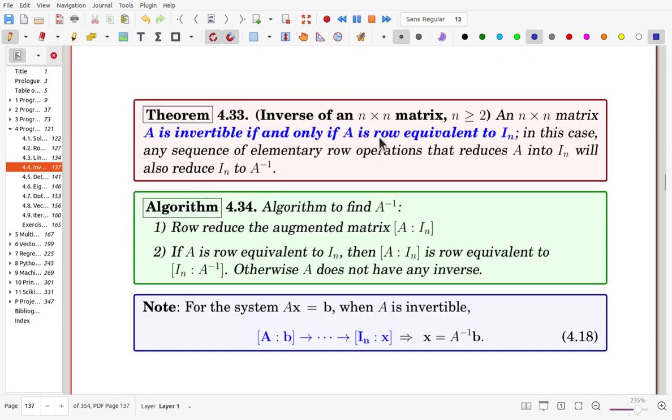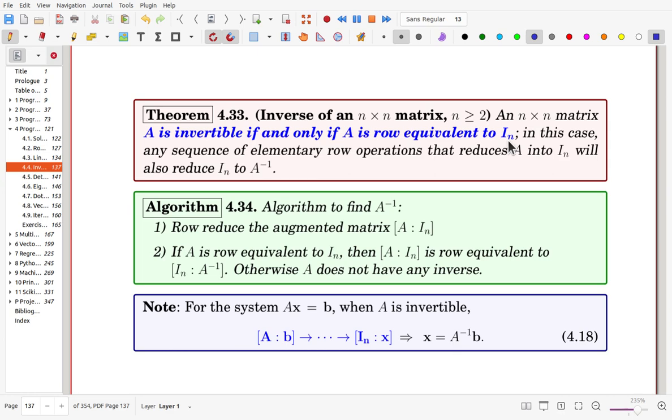Inverse of an n by n matrix. An n by n square matrix A is invertible if and only if A is row equivalent to the identity matrix. That means that starting from A, if you apply elementary row operations, its reduced echelon form is the identity matrix.